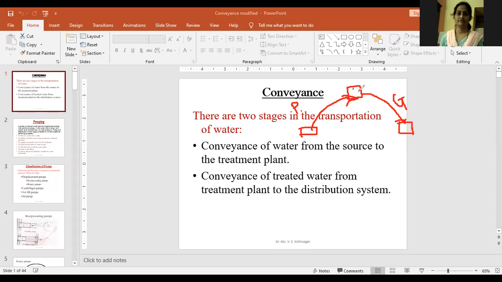At that time, we collect the treated water and pump it into the ESR. ESR is the elevated storage reservoir. And from the ESR to the public, it will be provided by gravity. Means here we are using pumping as well as gravity, two methods together. That is called the combined method. And here maximum time we go for the collection of water by pumping.